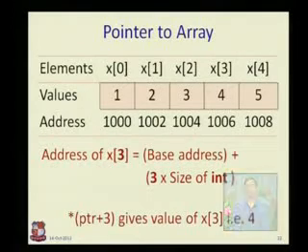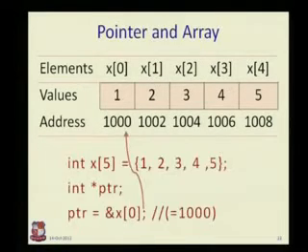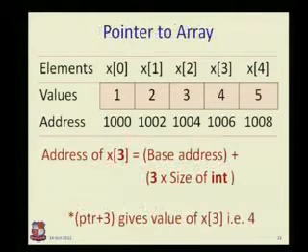Suppose I need to access x3. I have written a general formula for this. What is the value at x3? The value is 4 and the address is 1006. So how do you know the address of x3? The base address is my 1000, as shown in the previous slide, pointing to the first value of the array.